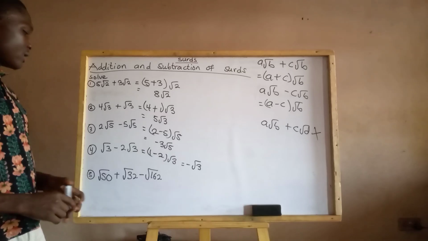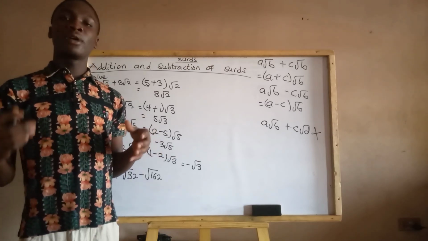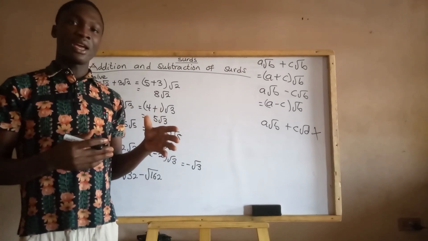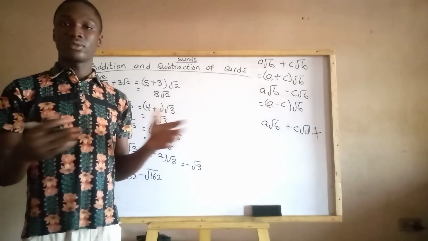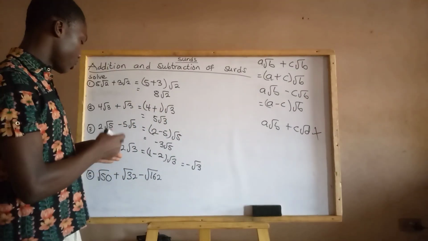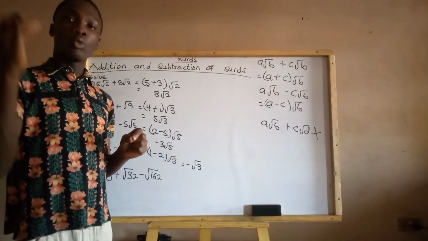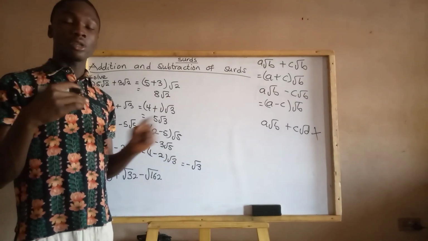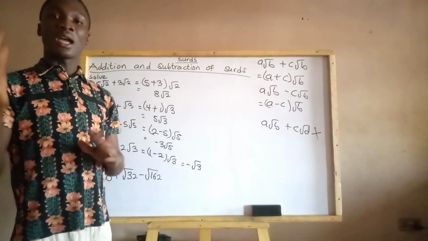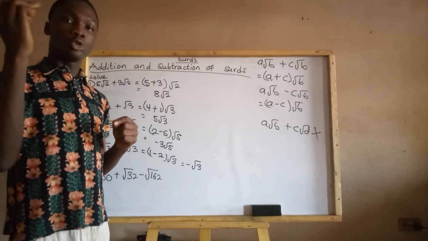This question is a combination of how to simplify surds and also addition and subtraction of surds. Before we go to solve this question, if you have not yet watched my video on simplification of surds, just pause the video and go and watch and then come and continue, because we will use that idea to solve this question.